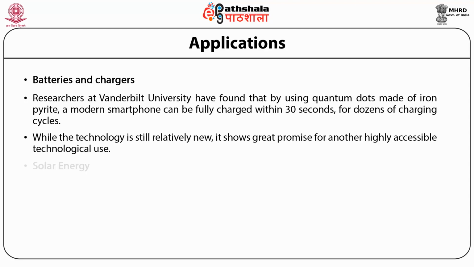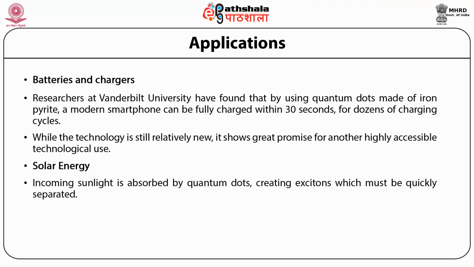The next is solar energy. The quantum dots can also be used to harness solar radiation. They can absorb the incoming sunlight and create excitons, that is, electron-hole pairs. These excitons should be quickly separated to avoid their spontaneous recombination. This can be achieved by applying a suitable bias across the end terminals of the device.